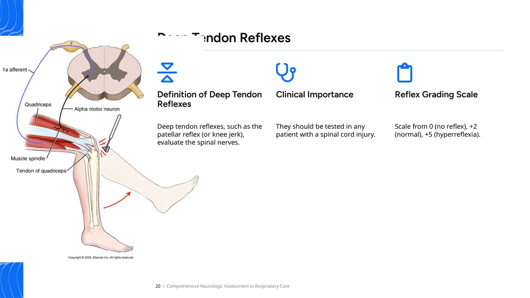By evaluating these reflexes, we can gain insights into the health of the nervous system and detect any abnormalities early on. Overall, understanding and assessing deep tendon reflexes is fundamental in managing patients with neurological or spinal cord issues, especially within the scope of respiratory care.